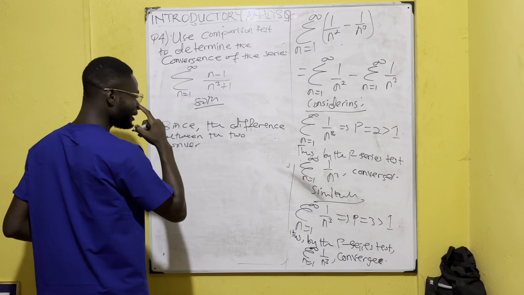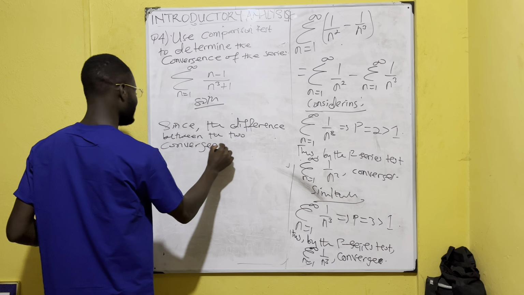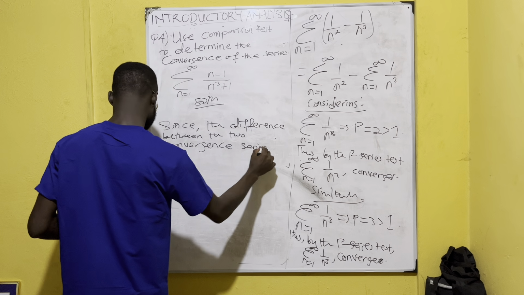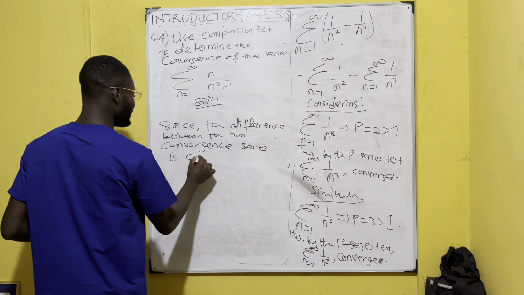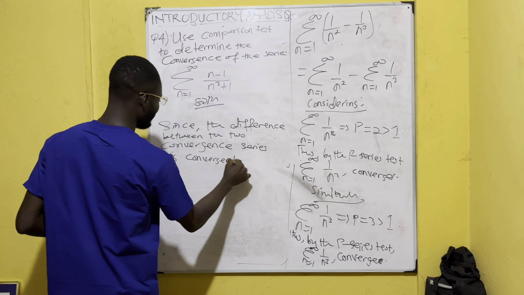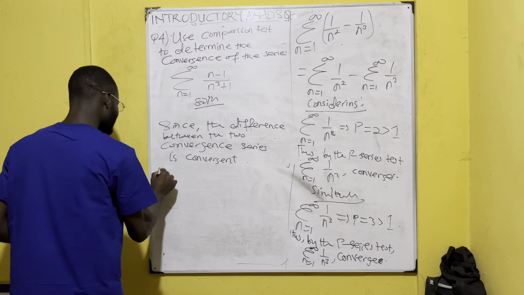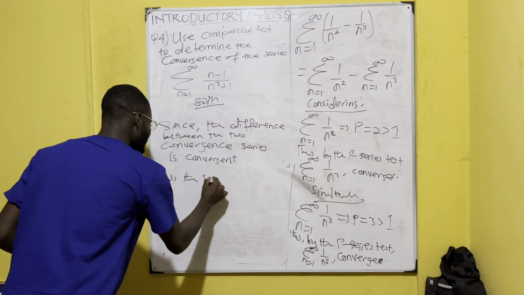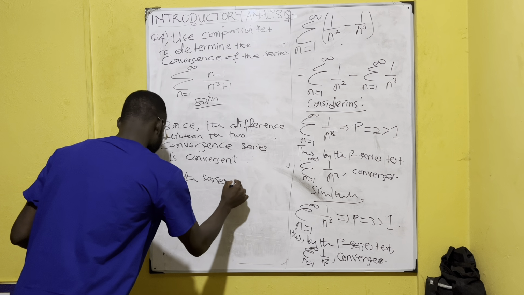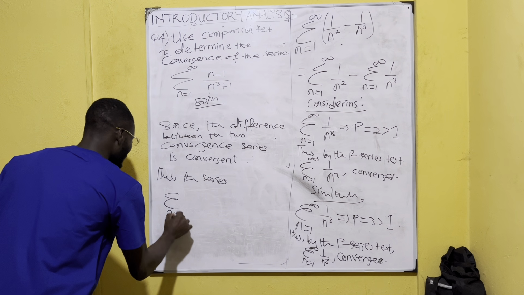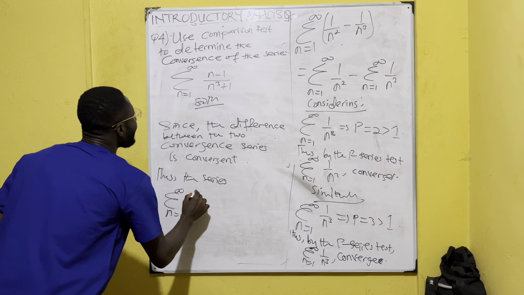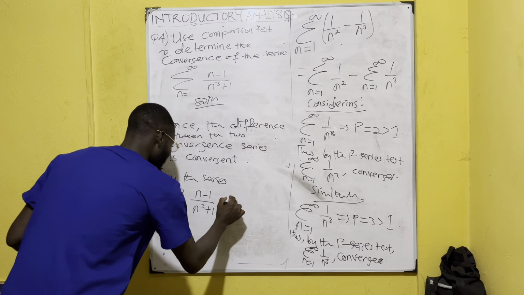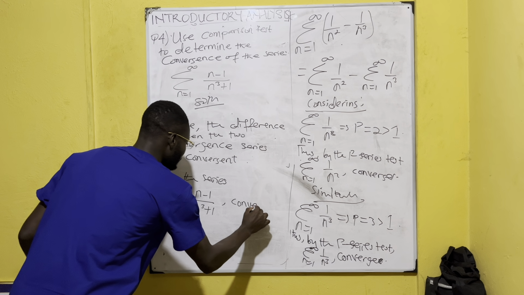So we say that since the difference between the two convergent series is convergent, then we can say that thus the series summation from n equals 1 to infinity of n minus 1 divided by n cubed plus 1 converges.